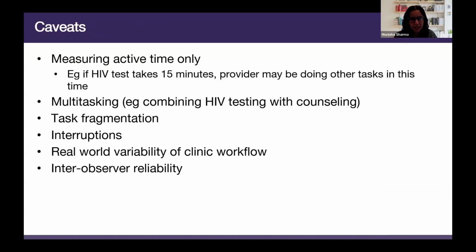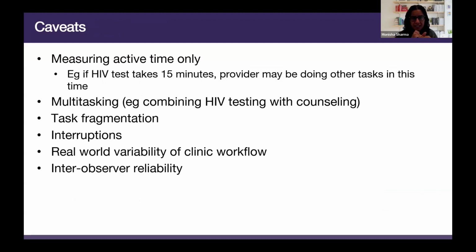So just to mention some caveats, you often want to just estimate active time. If it takes 30 minutes to process a lab sample, but the lab tech is not just waiting there watching the machine go, they're doing other things, you only want to count the time that they're loading up the machine and the time when they're taking things out.